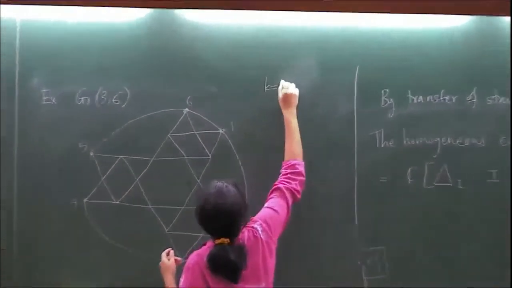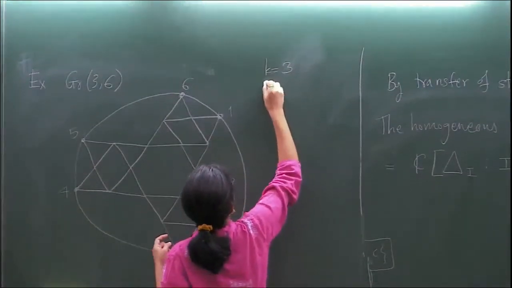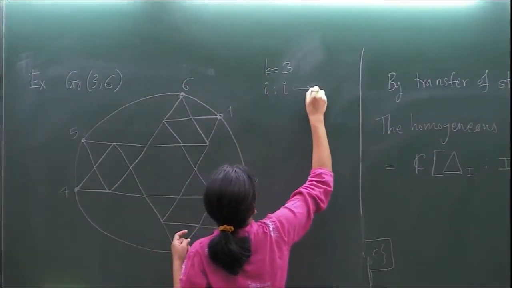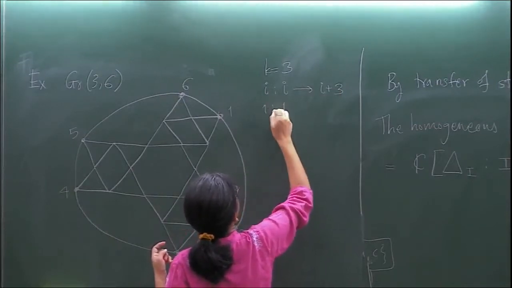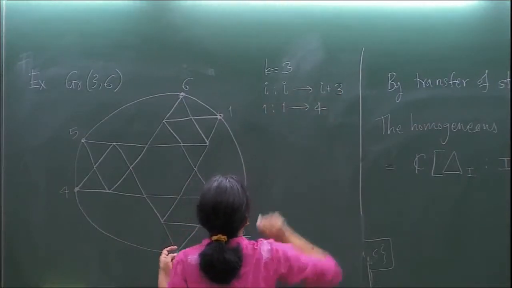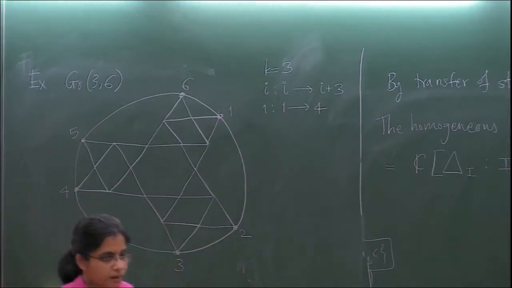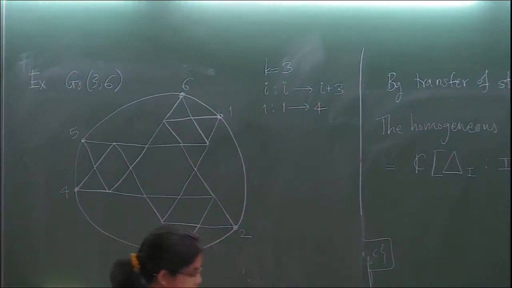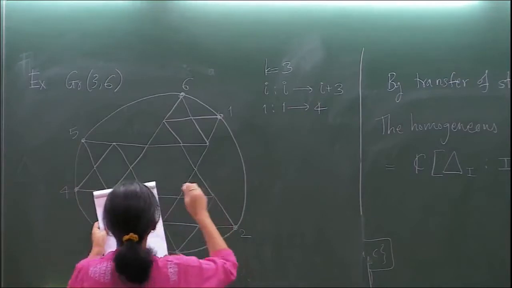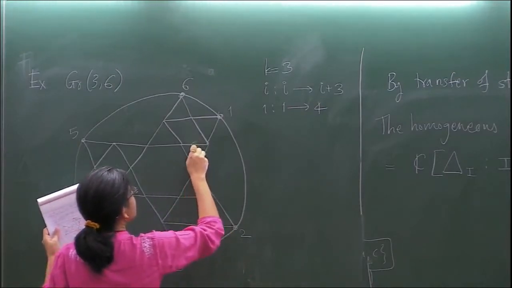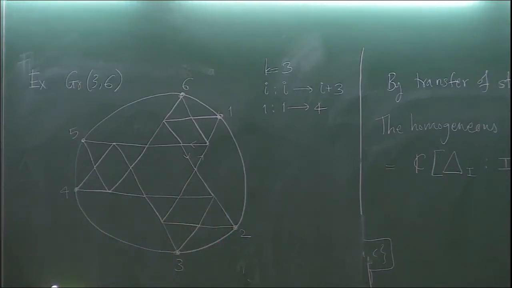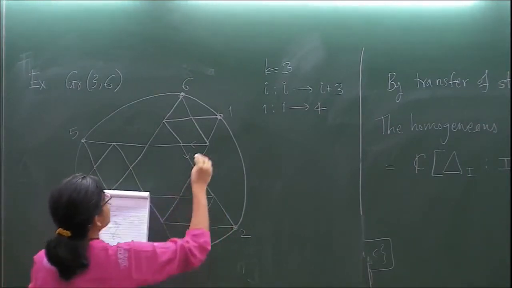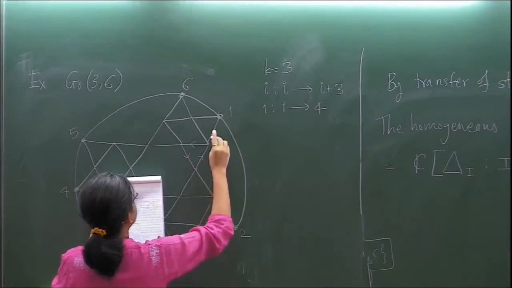So my strand i goes from i to i plus 3. For example, strand 1 should go from 1 to 4. Let me orient each of these strands or these edges. If I orient one of those, it's enough.